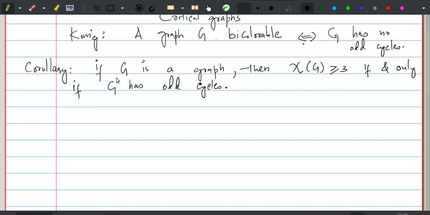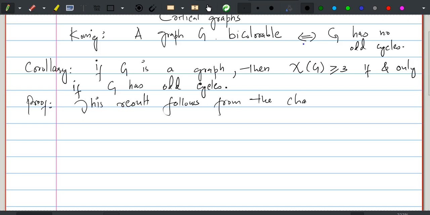So this result follows from the characterization of two chromatic graphs.